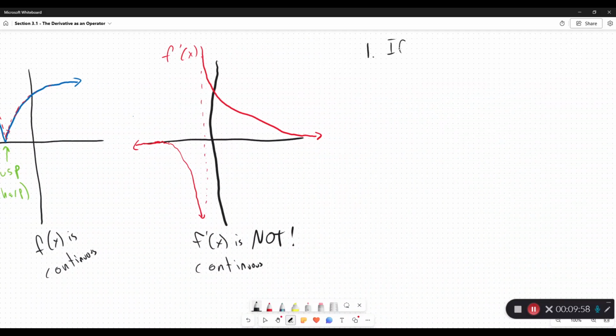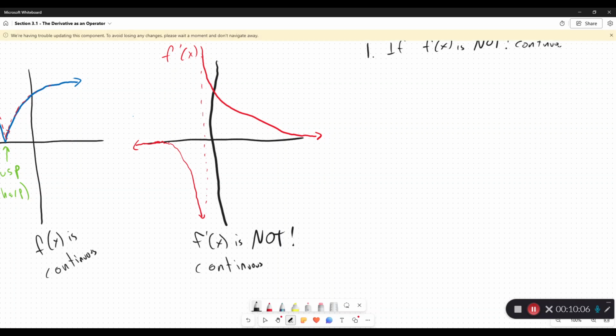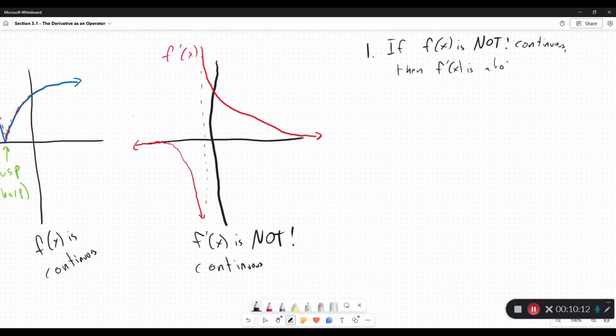Number one, if f of x is not continuous, then f prime of x is also not continuous. Now, this is the second point. This is a little bit more challenging.